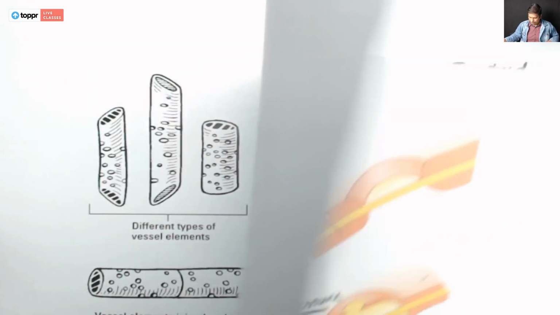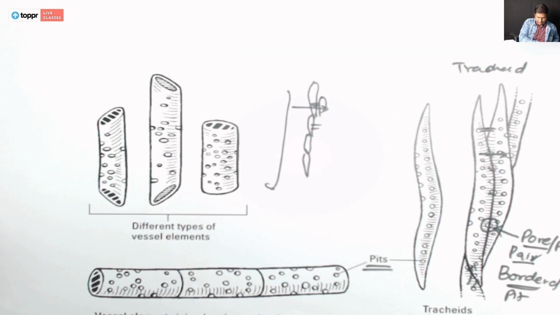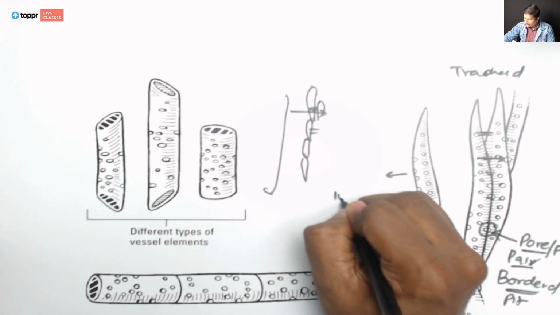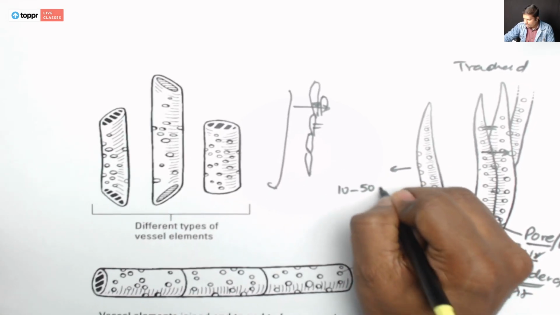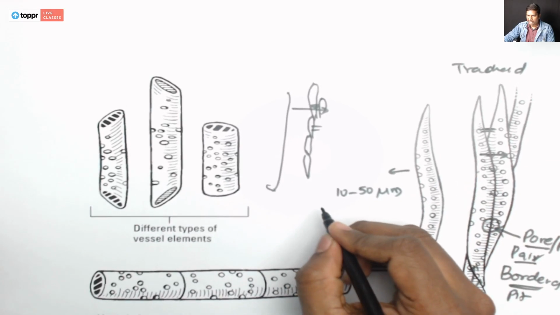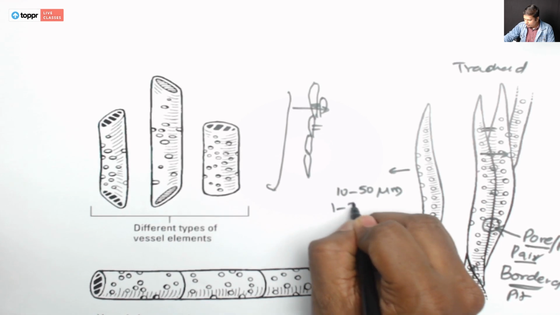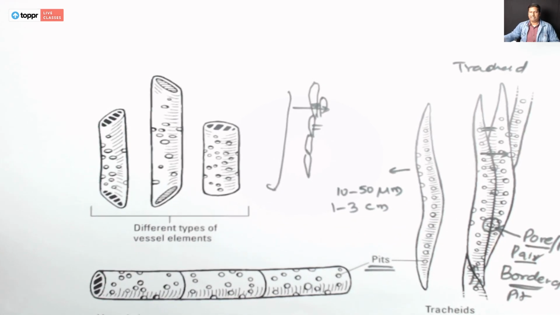Now these tracheary elements are generally 10 to 50 micrometer in diameter, and the maximum length that you can see is 1 to 3 centimeters.